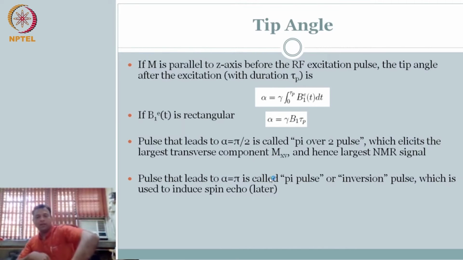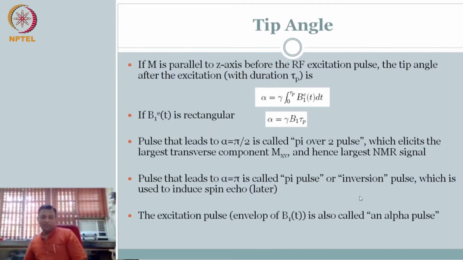However, this is a very important pulse, because we'll talk about this in the next lecture module, as it will be used to do spin echo. So this is important as well. But again, you won't apply inversion directly. If you apply 180 degrees, you don't get much because there is no transverse component. So think about what happens if I apply pi and then pi by 2. Let's leave it there for now.